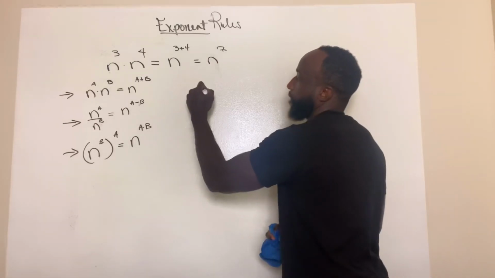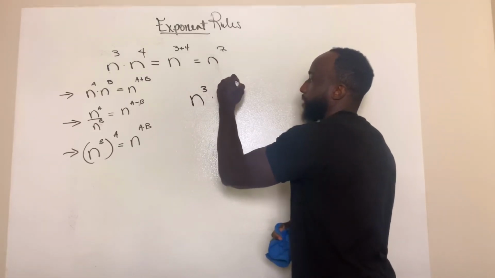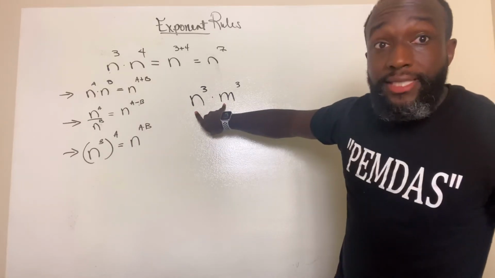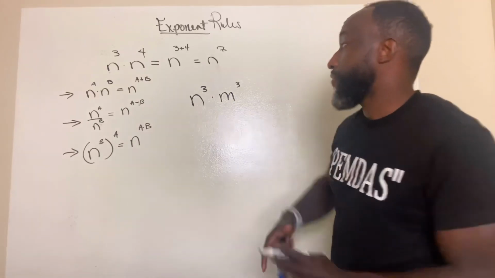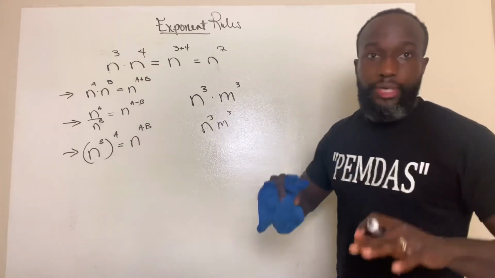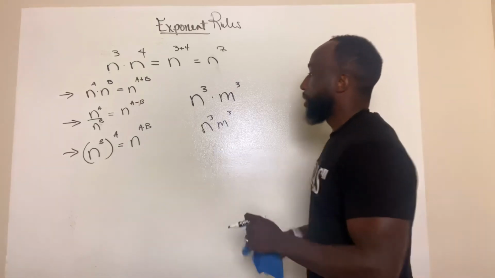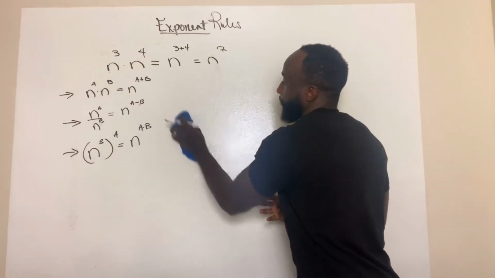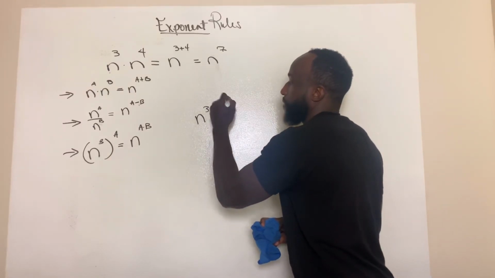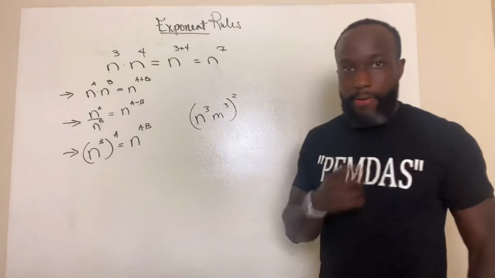So look at this one. If I had n to the 3rd times m to the 3rd, these are different bases. The bases got to be the same. Since these bases are different, the answer is n to the 3rd, m to the 3rd. You can't do anything with it, okay? But let's say I had n to the 3rd, m to the 3rd raised to the 2nd power, right?